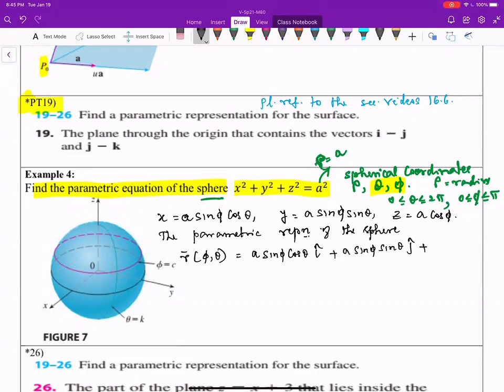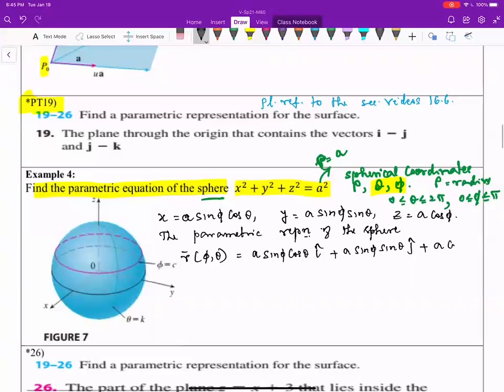Then z is a cosine phi, that is the z component. So we can write it like this. Here the understanding is that phi is between 0 and pi, and theta is from 0 to 2 pi.